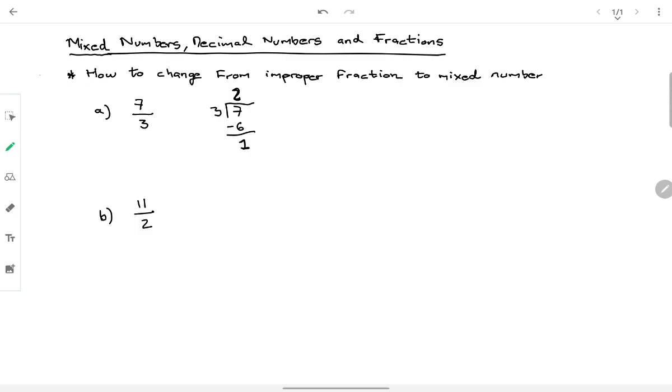So we can represent this improper fraction as a mixed number. How? We say we have two whole numbers, the remainder 1, over 3, 1/3.